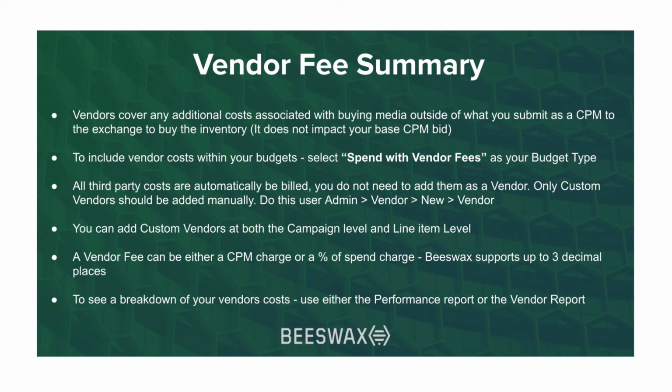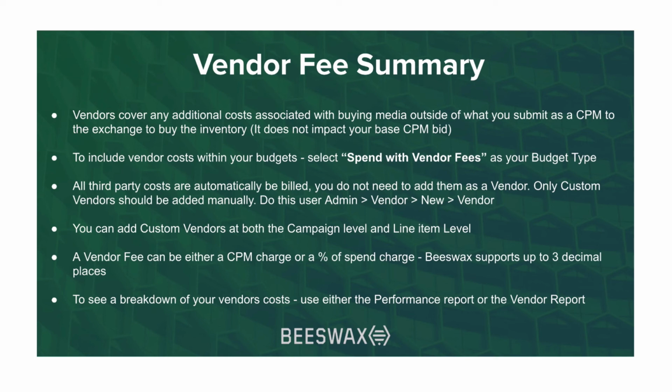You can add your custom vendors at both the campaign level and the line item level, and your custom vendor can either be in the form of a CPM charge or a % of spend charge. Beeswax supports up to 3 decimal places here.